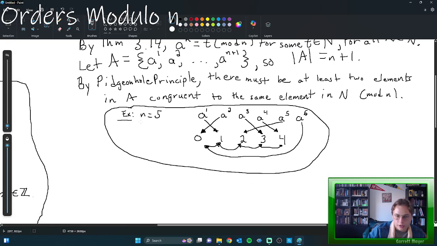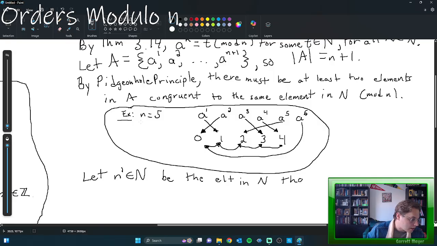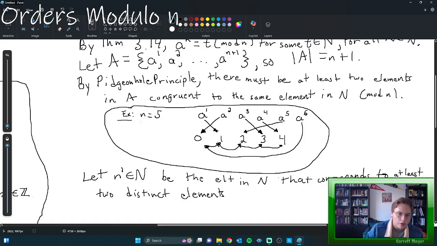So then with this, what we're going to do is let n prime be the element in N that corresponds to at least 2 distinct elements.